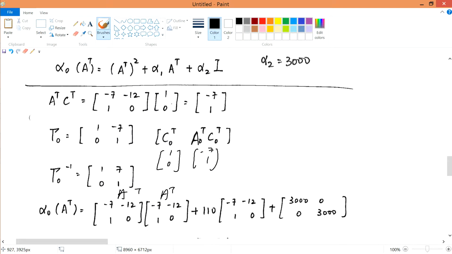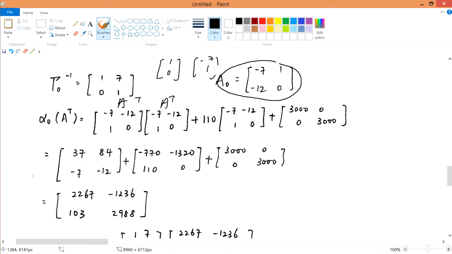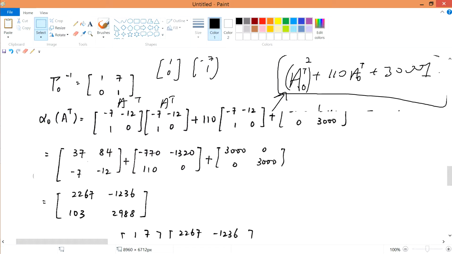If you take note, our A is this one. If you were to transpose this, what you have is this one over here. But why do you take A transpose times A transpose? It's because we want to elaborate this one.